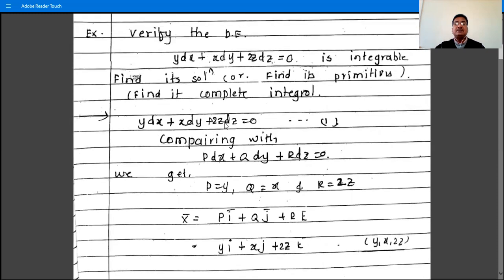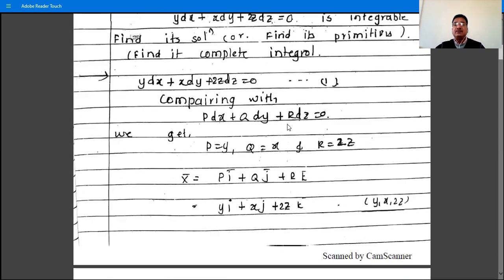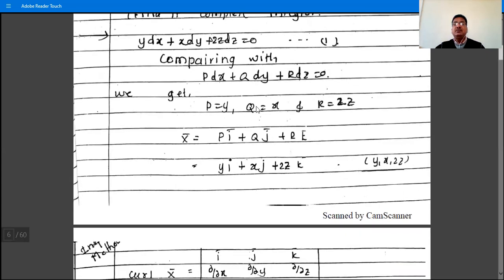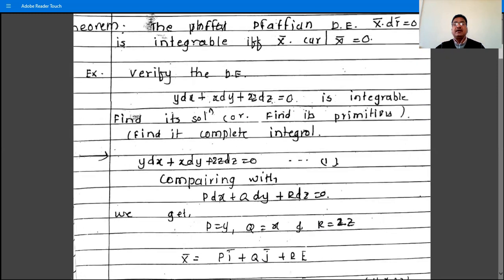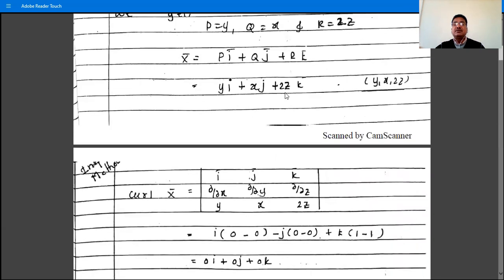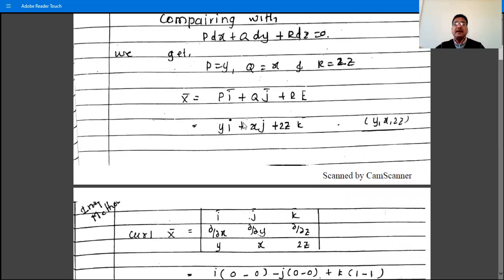Comparing with p dx plus q dy plus r dz is equal to 0, we get p is y, q is x, and r is z. Now x bar is pi plus qj plus rk, that is yi plus xj plus 2zk. Here it is 2z dz, so r is 2z, and therefore x bar is this.